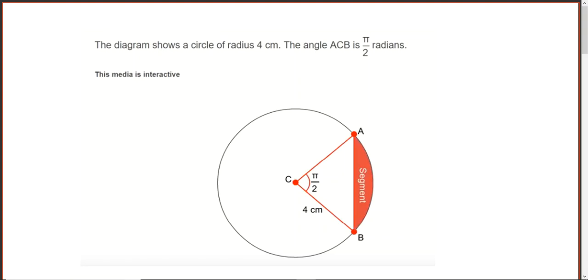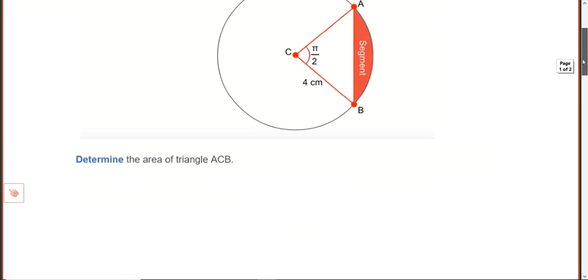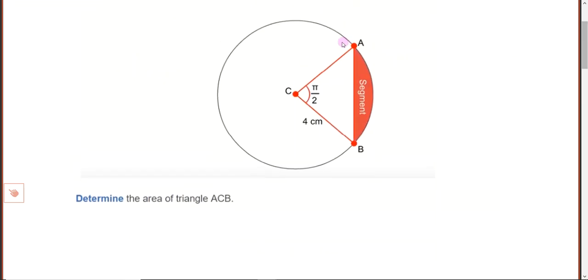Right, so we've got this, and it says determine the area of triangle ACB. So we've got a triangle, we've got an angle. You hopefully now will remember that the area is a half ab sine theta. So the area is going to be a half multiplied by 4.